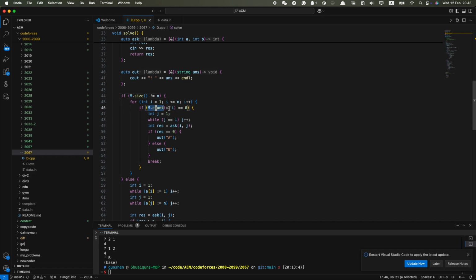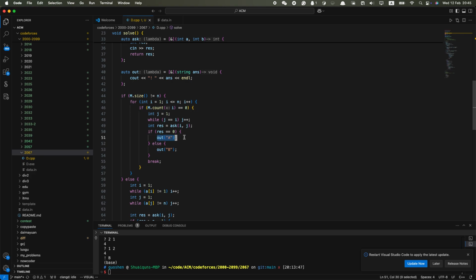So we can find which numbers don't occur, and we just pair it with any other number, and we ask this query and get the response. If the response equals 0, which means that is a graph, and there is no edge from I to any other numbers, so we can just output A.